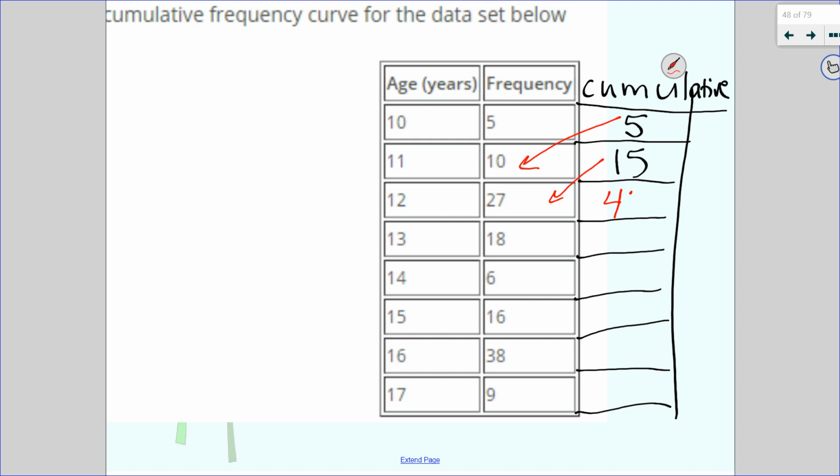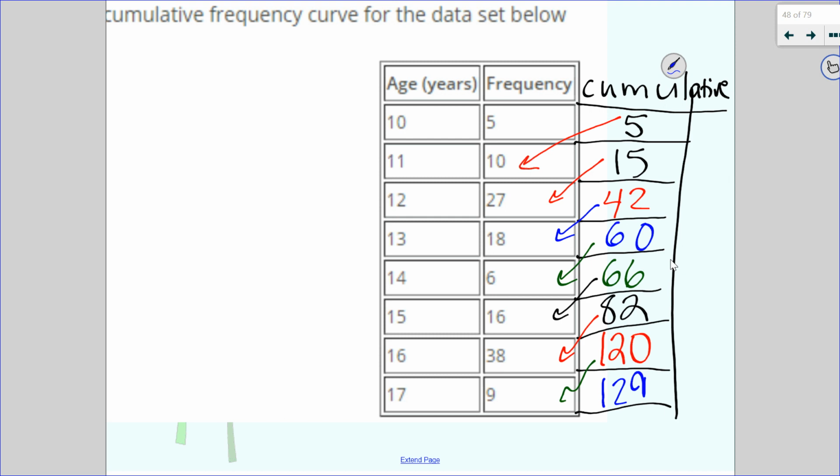Good. 60? 66? 82, beautiful. 129. So one good thing about the cumulative frequency column is we know the total number of students that we talked to or sampled. So 129 students total.